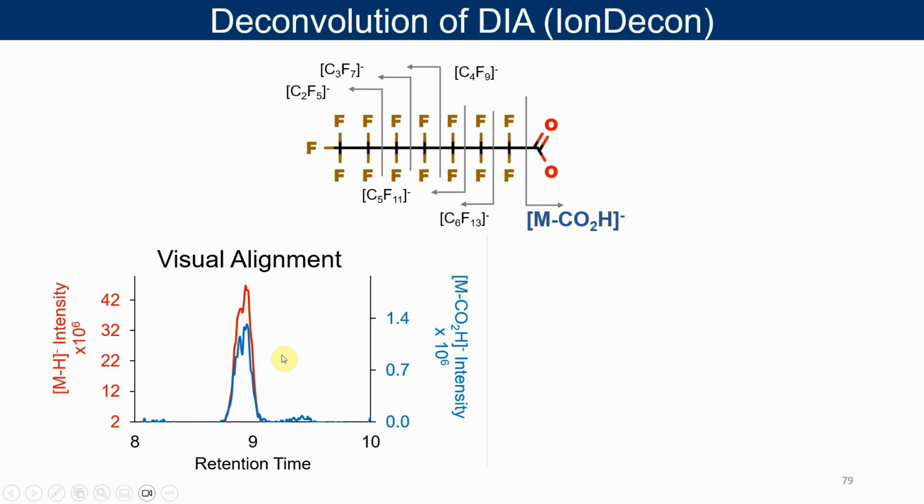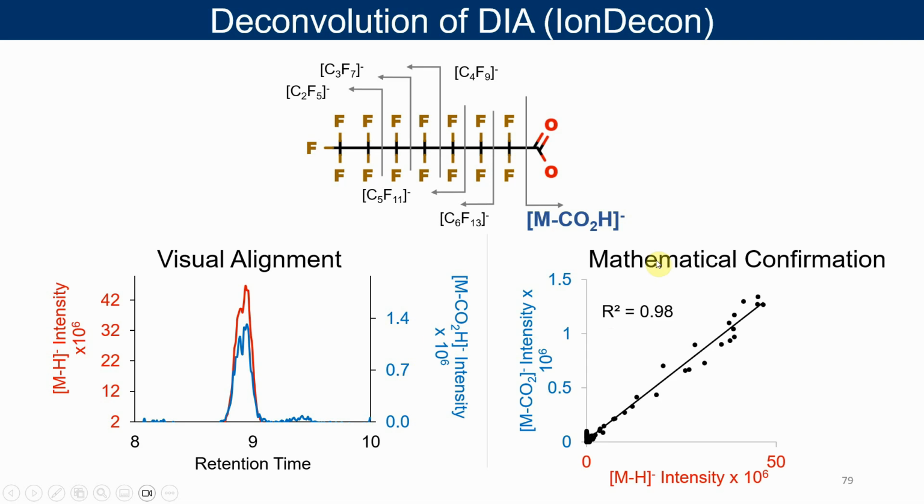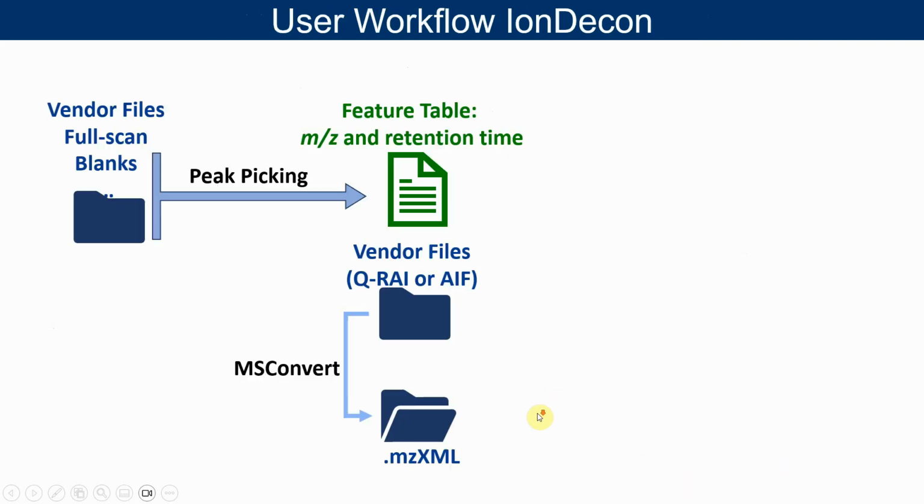You'd expect if I have a molecule coming out of my chromatographic column that it's going to form a certain shape, and if I'm fragmenting it, the fragments are going to form that exact shape because as that molecule goes up, so will the number of fragments that occur. As that molecule goes down, so will the number of fragments. Even the little dips look exactly the same. So mathematically, we can use regression or Pearson correlation or something like that to determine whether that fragment belonged to that precursor mass.